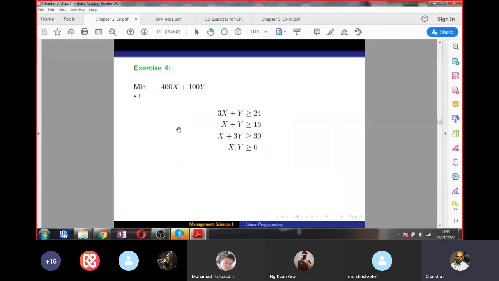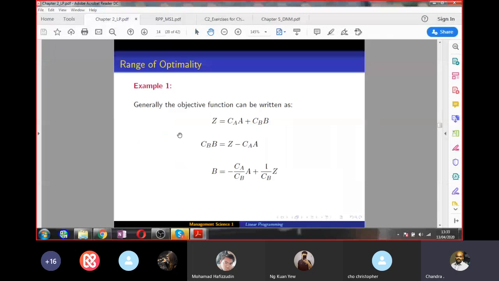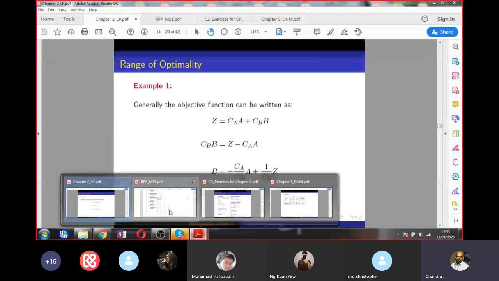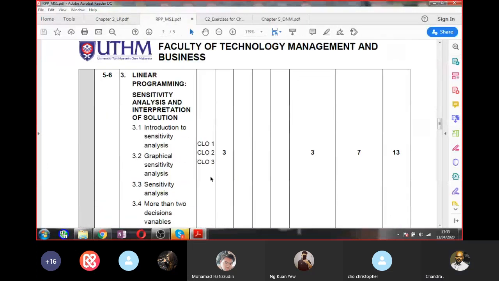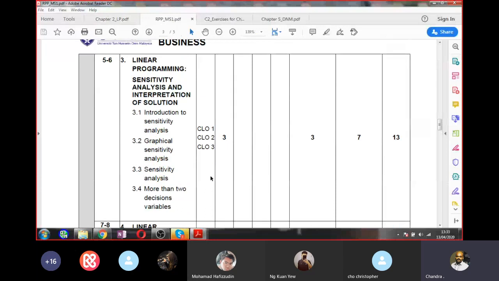The next part, range of optimality, is actually your chapter 3. Chapter 3, linear programming, is known as sensitivity analysis.